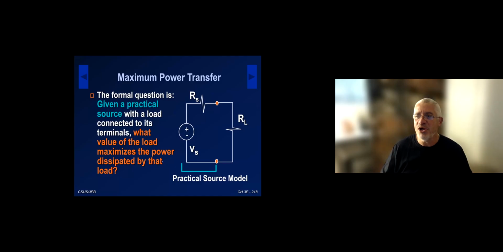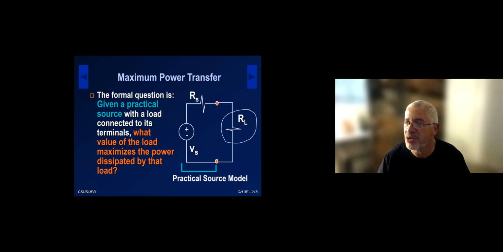So it is crucial, if I make the case earlier that this voltage source model represents a practical source model, and it does, that the load RL represents the paying customer.